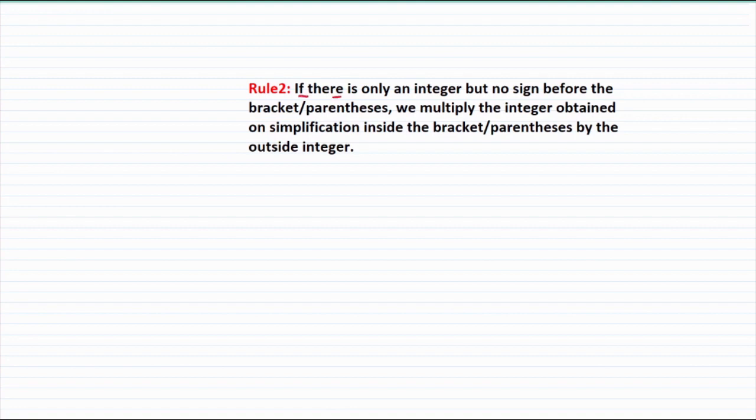If there is only an integer but no sign before the bracket or parenthesis, we multiply the integer obtained on simplification inside the bracket or parenthesis by the outside integer.